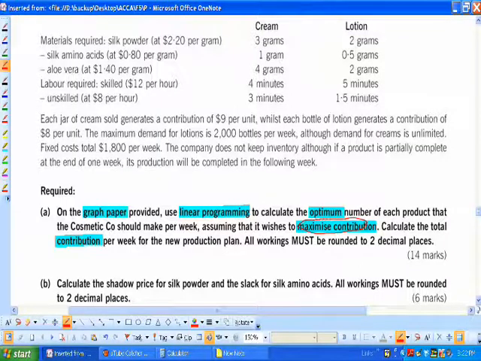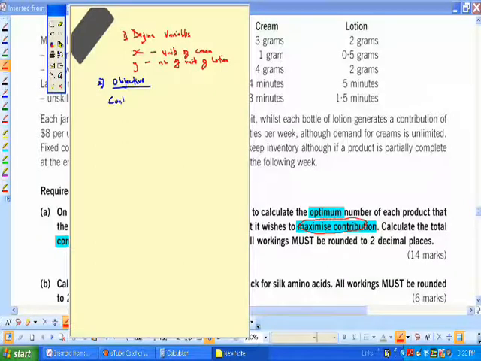Our contribution, just as a quick reminder, is equal to sales minus variable costs.